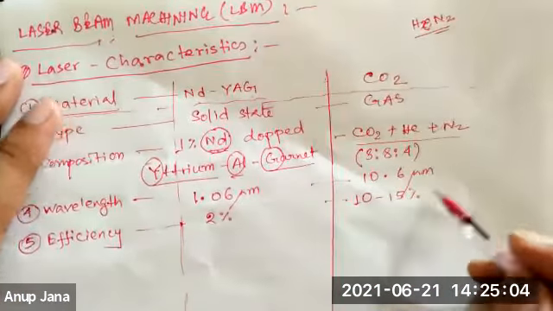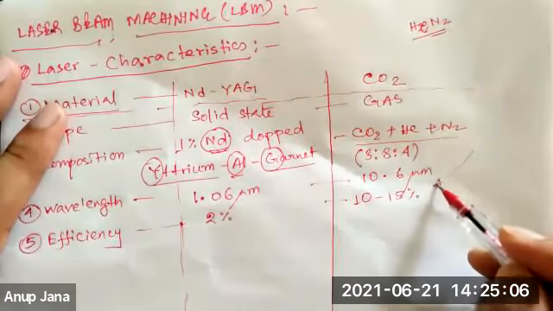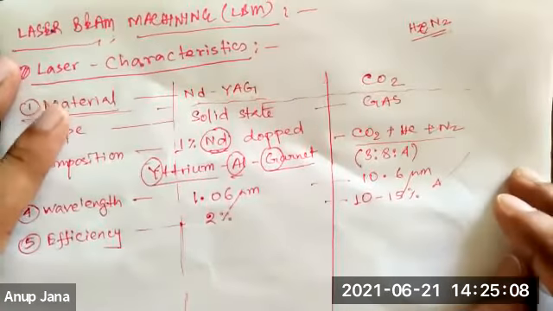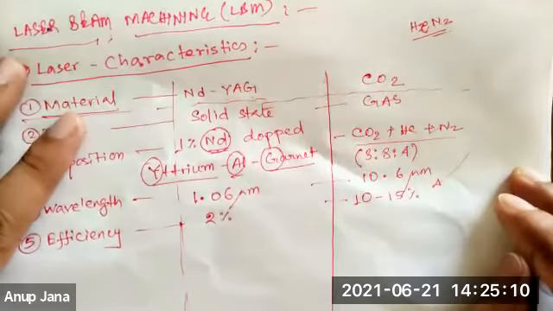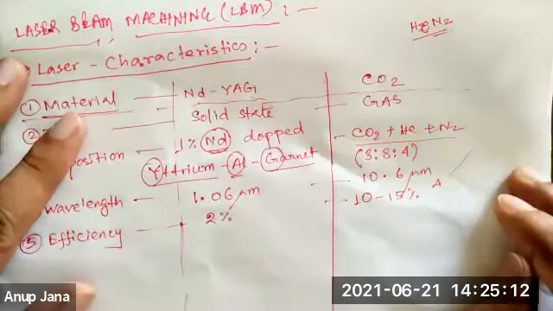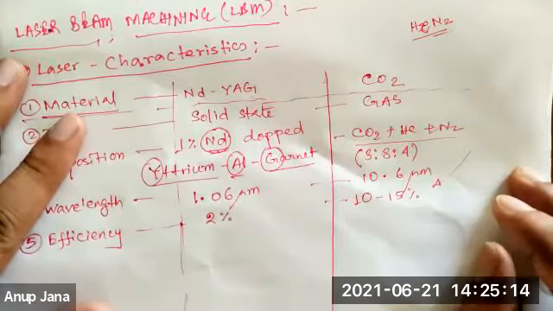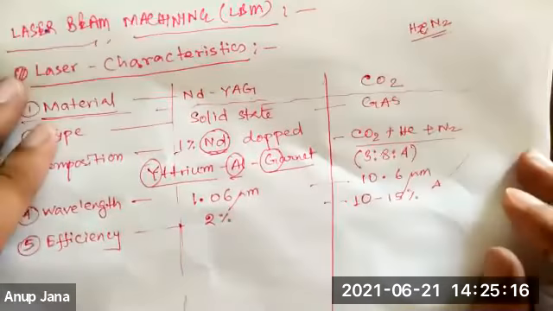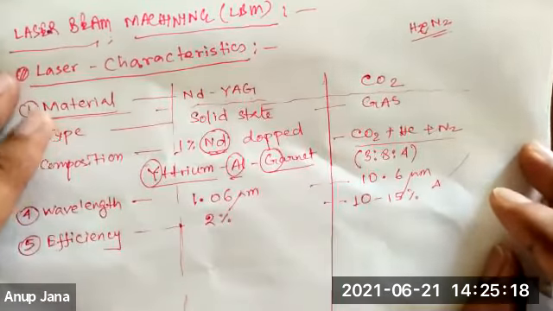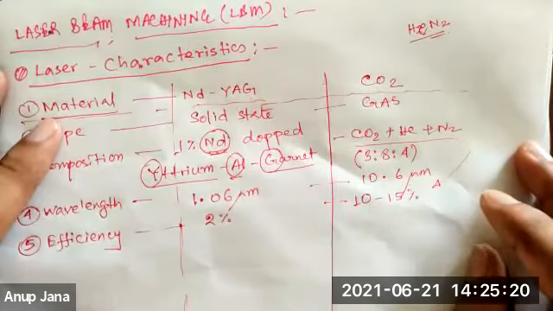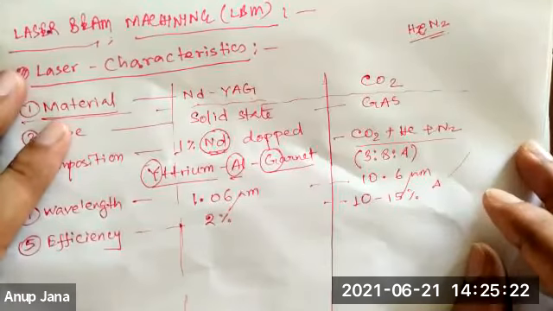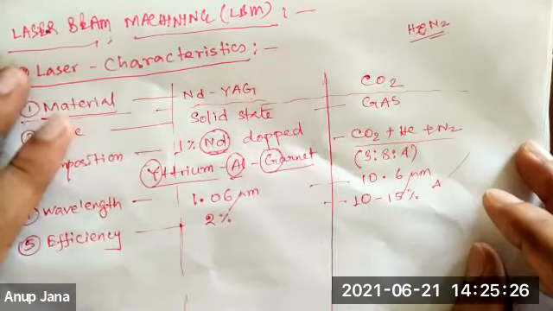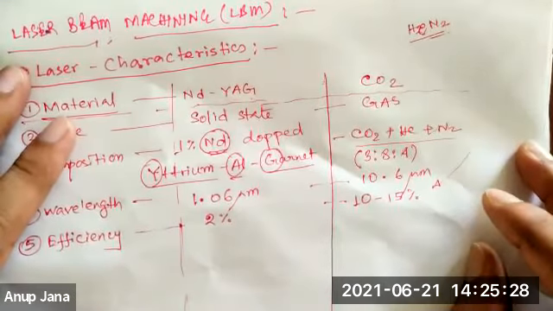So here what happens, the problem is, as I already said, the construction of the CO2 laser gun will be of a bigger size. It may reach up to 100 meters also if you want to get 10,000 kilowatt energy.